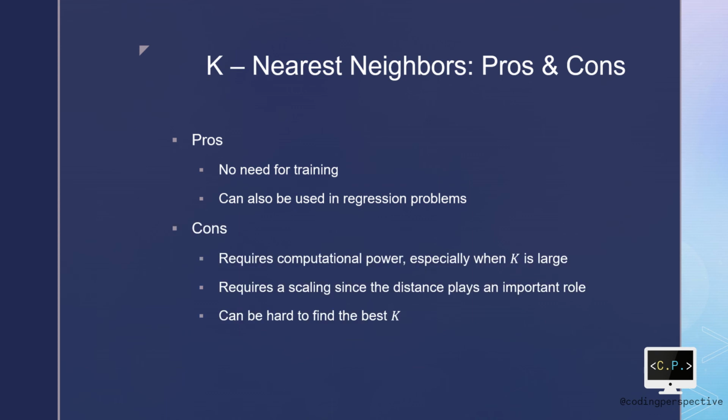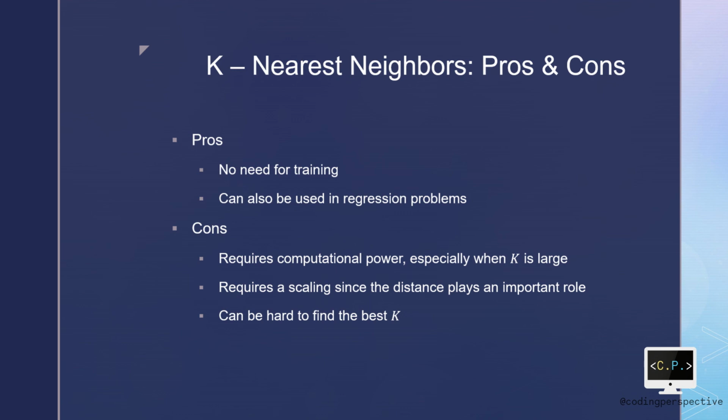The disadvantages of the algorithm are the following. First thing is the computational power. As you know, the algorithm needs to select the closest k points. To find these points, you need to go through all points available in your training dataset. Thus, it can require great computation power depending on your k value.